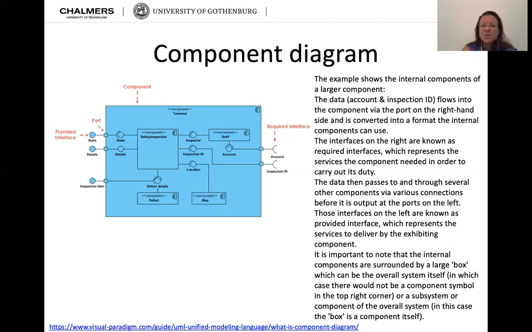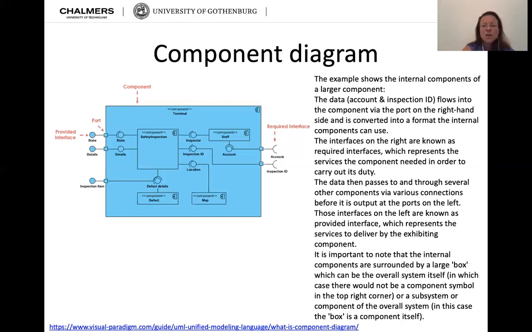The interfaces on the right are known as the required interfaces, which represent the services the component needs in order to carry out its duty. The data then passes to and through several other components via various connections before it is output at the ports on the left. Those interfaces on the left are known as provided interfaces, so the stuff that the component provides, which represents the services to be delivered by the exhibiting component.